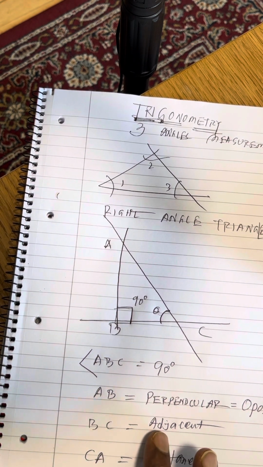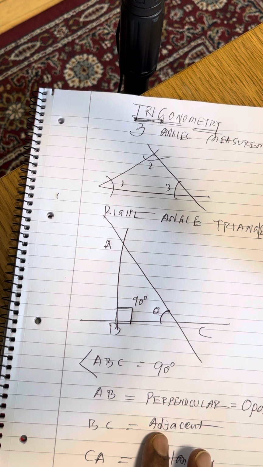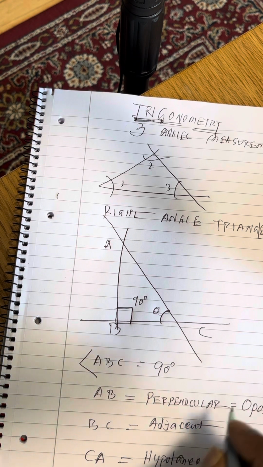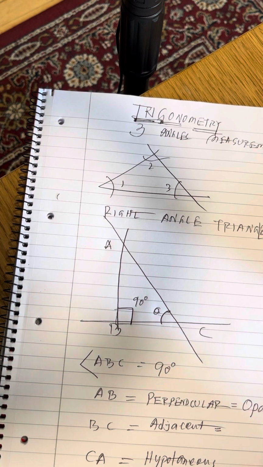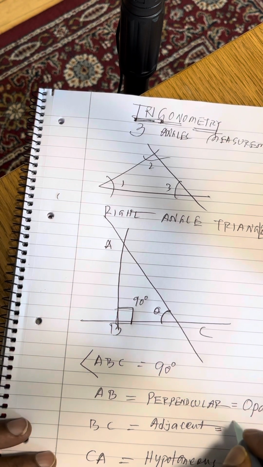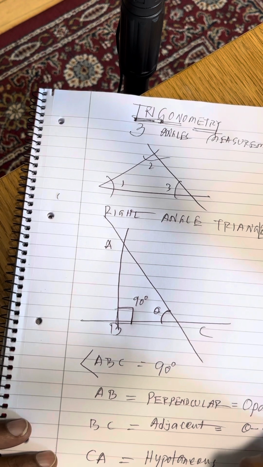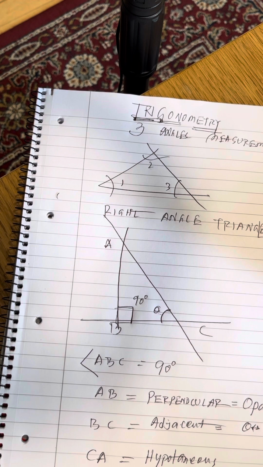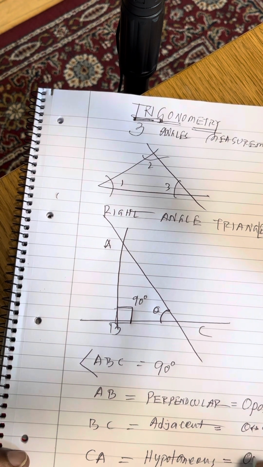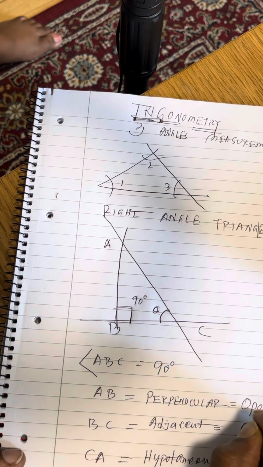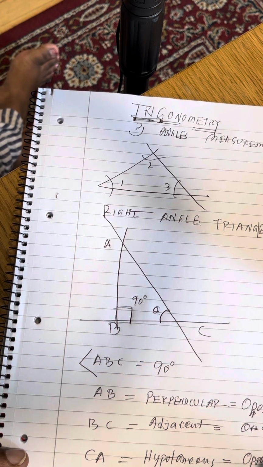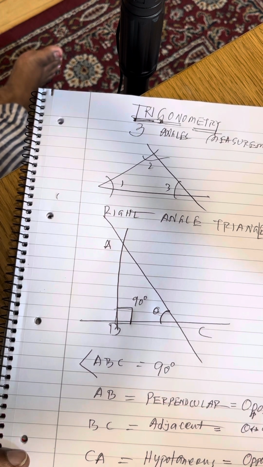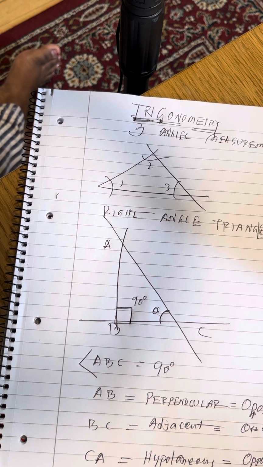Adjacent is the connection line between theta and the 90 degree right angle. And hypotenuse is opposite of the right angle 90 degree. This is the definition, right?